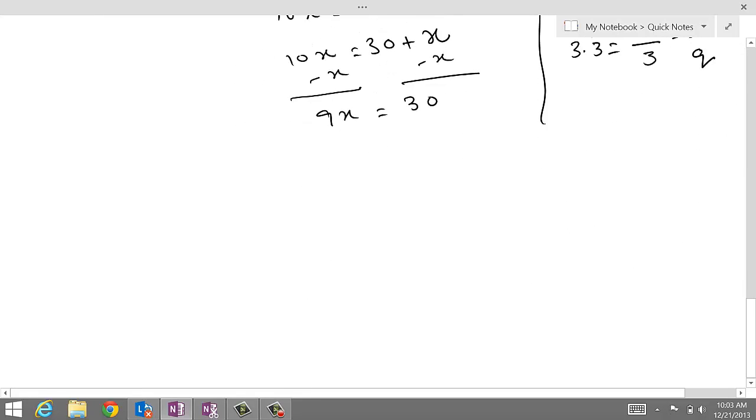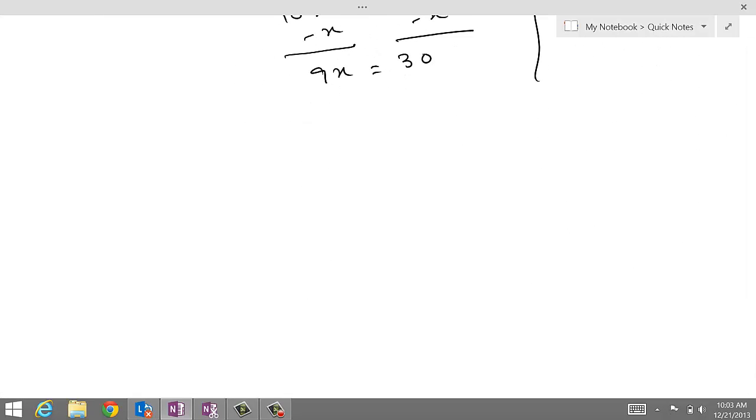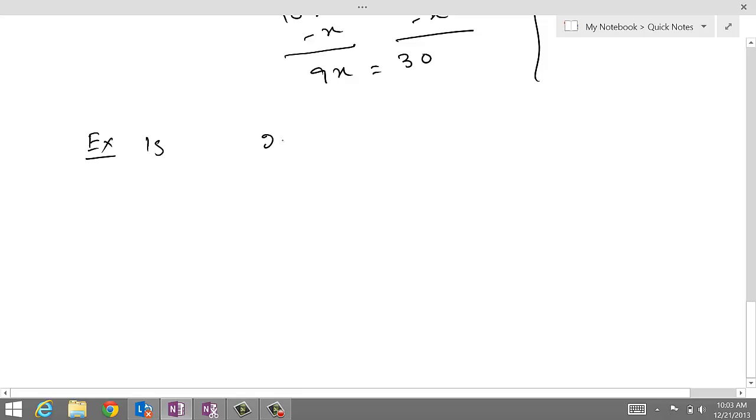Let's take another example. This time we want to show that 2.6789 bar is a rational number.